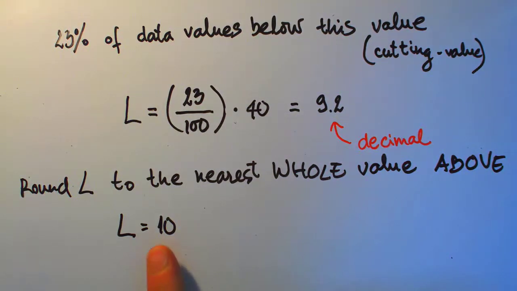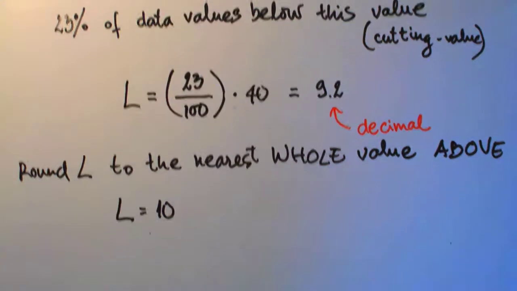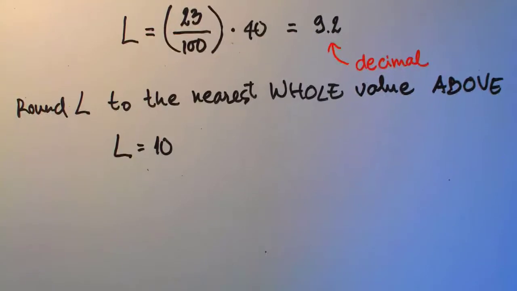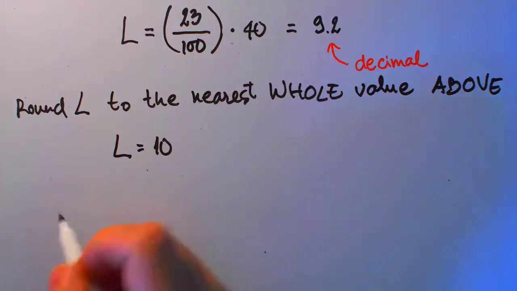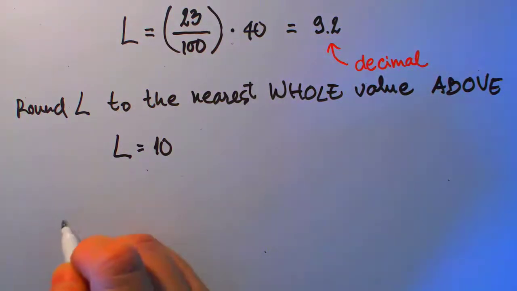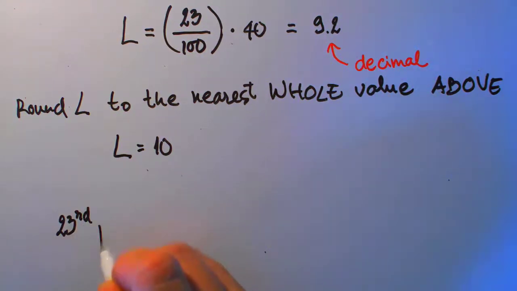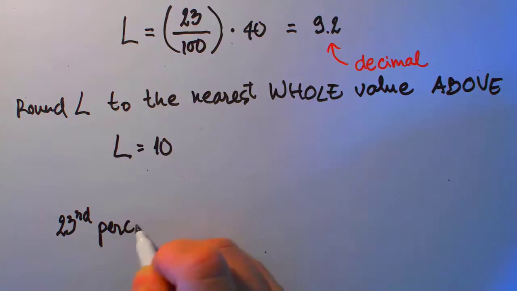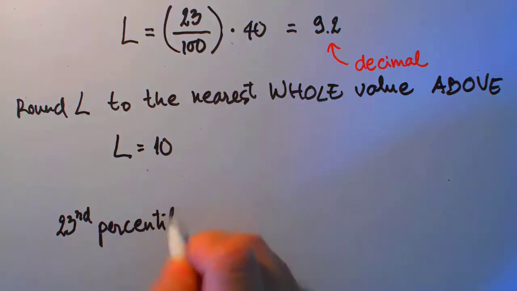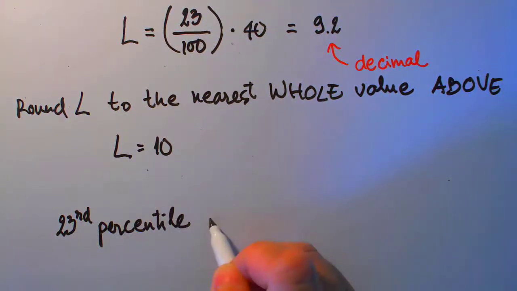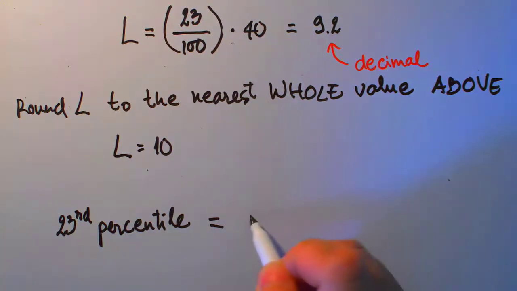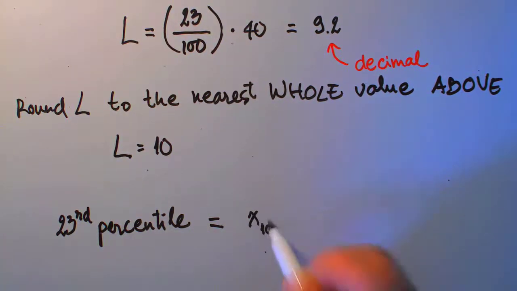Now that I've updated my locator to the final whole value, my 23rd percentile is ready to be found. My final conclusion is that the 23rd percentile is equal to my 10th value on the list.